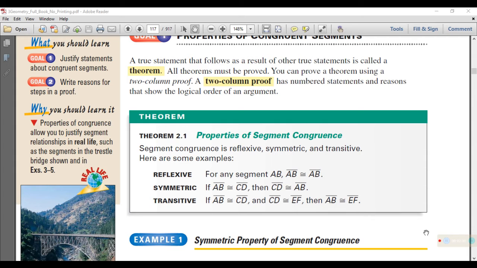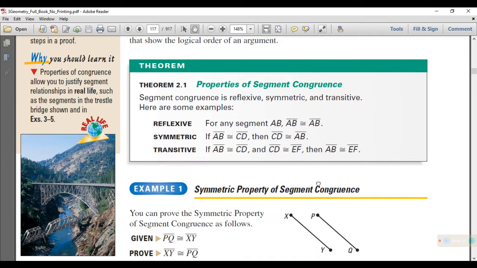And this is the symbol nga pala for congruence. Meron tayong equal, tapos meron tayong curved, yung parang ginagamit natin sa negation, dun sa taas. So, tatlong symbol. Now, for transitive, ito yung may middleman ulit. If segment AB is congruent to CD and segment CD is congruent to EF, then segment AB is congruent to EF since pareho silang equal kay CD.